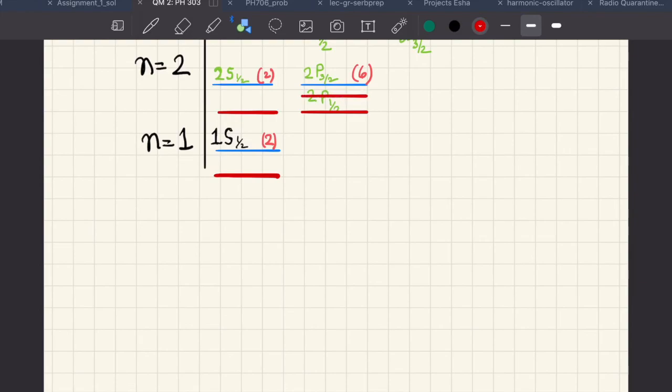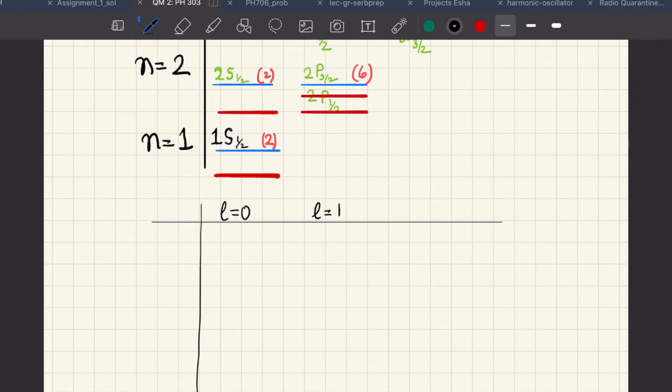I think it's better to draw another plot. So I had L is equal to 0, L is equal to 1, L is equal to 2, like this.